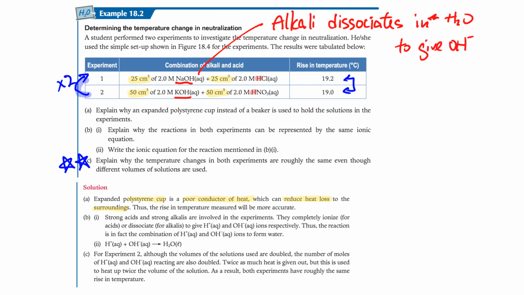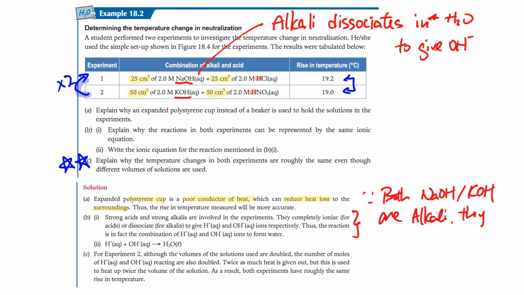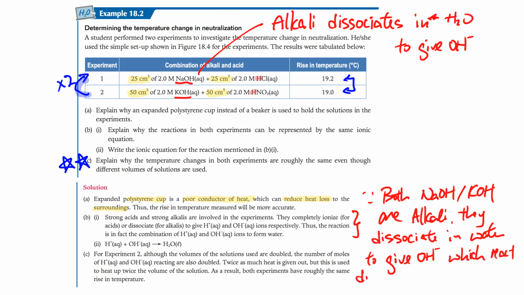So for me, I won't write something like in B1. I would prefer to say that because both NaOH and KOH are alkalis, they dissociate in water to give hydroxide ions, which react directly with H plus ions to form H2O.